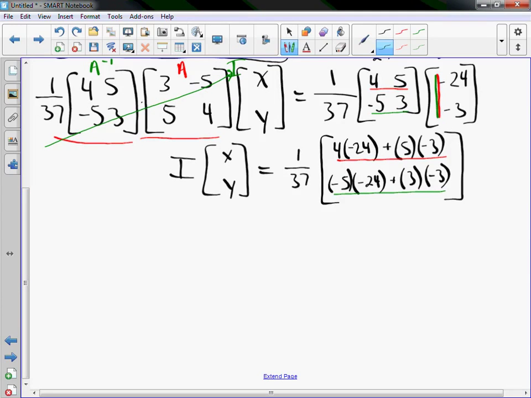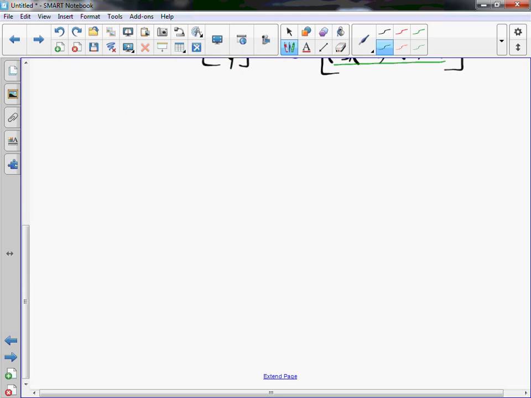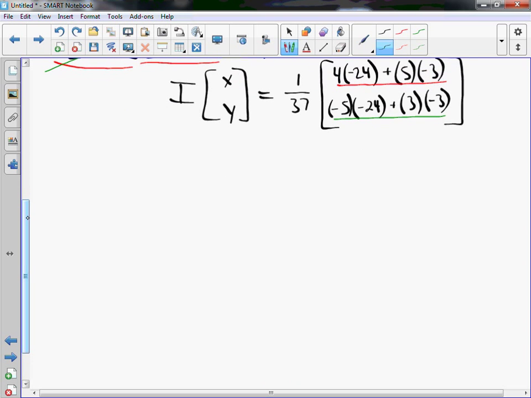Okay, now to do the multiplication. So on the top one, we have 4 times negative 24. Well, that's got to be 4 less than negative 100, so negative 96. Negative 96 plus negative 15.